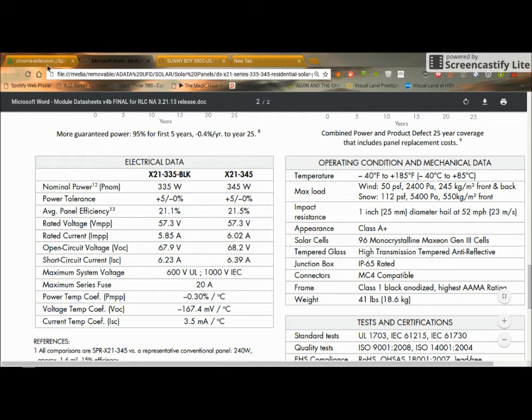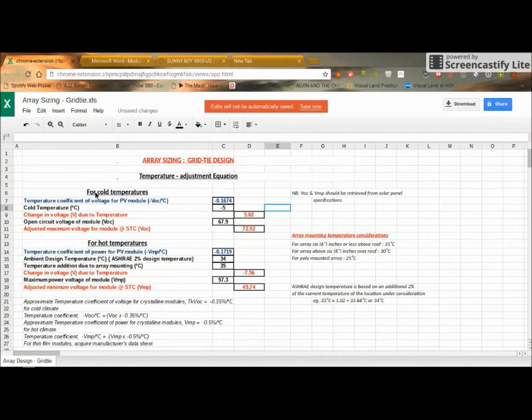So coming back, if you notice here in our notes, temperature coefficient of VMP per degree rise in temperature is the voltage at maximum power times this.